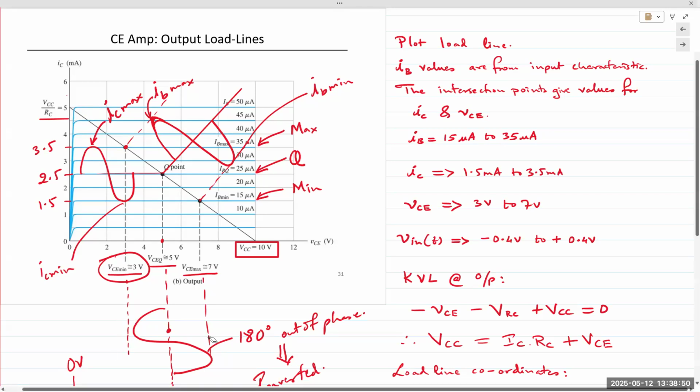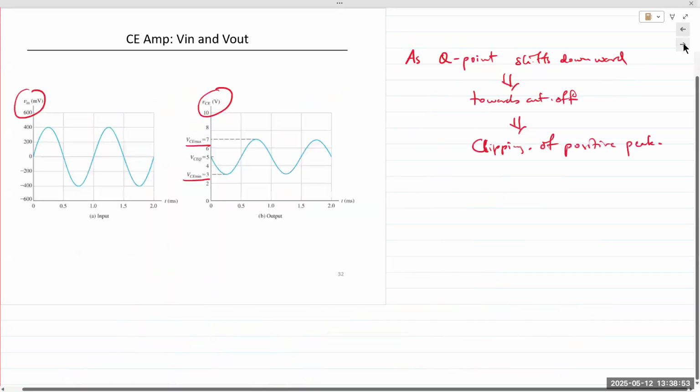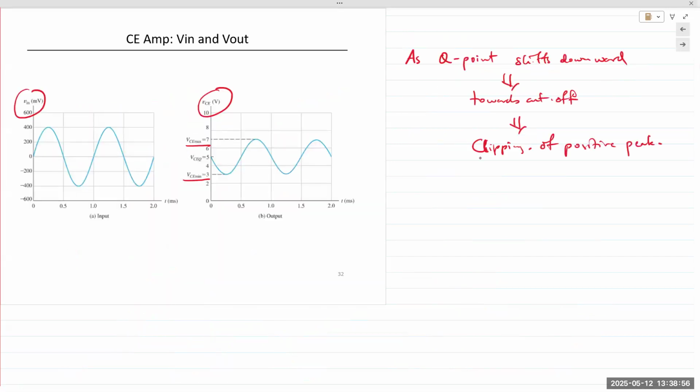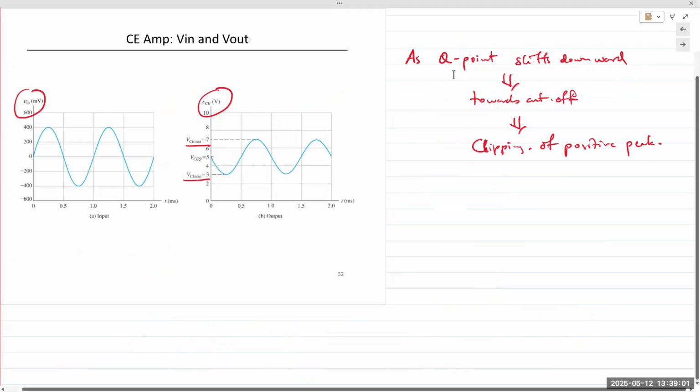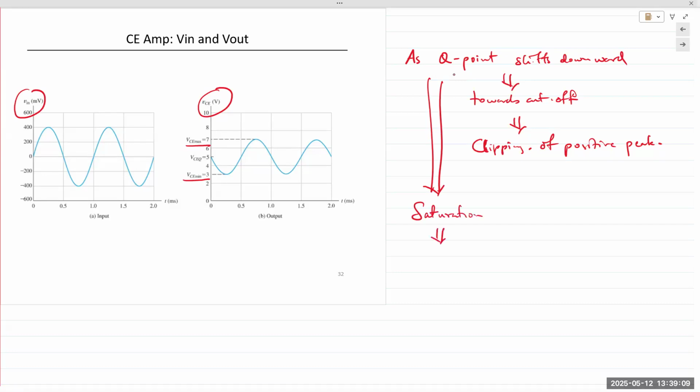And so in both cases, what we observe would be distortion. In both cases, we call the resulting waveform distorted because it's not an exact replica of the input.